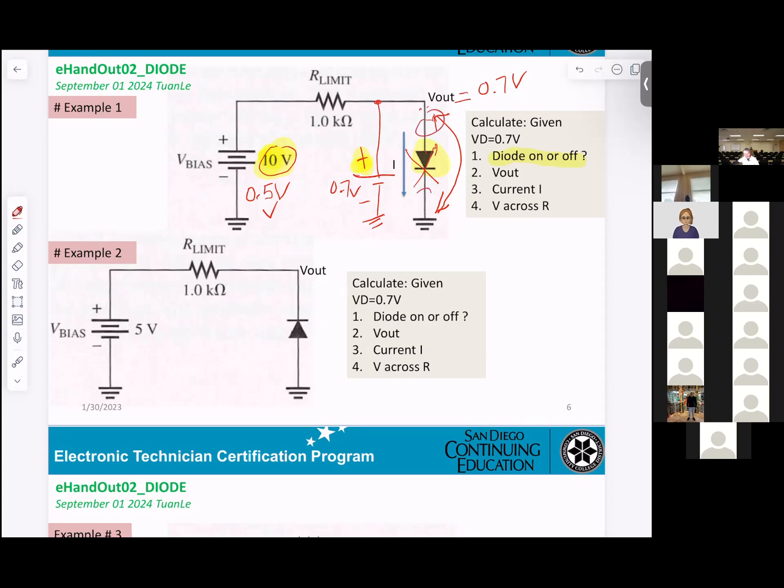So what do you think V out is? 0.5. The thing is, why? When it's open, that means no current flows here, right? That means no voltage drop across the resistor. So the voltage on this side and this side will be the same.